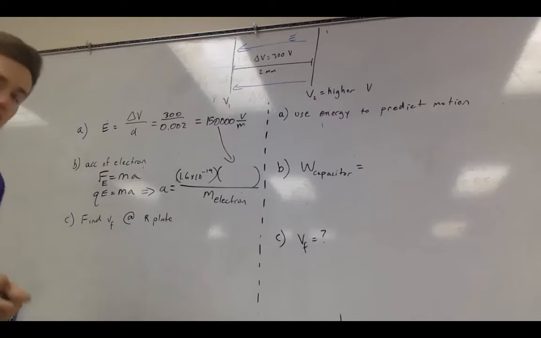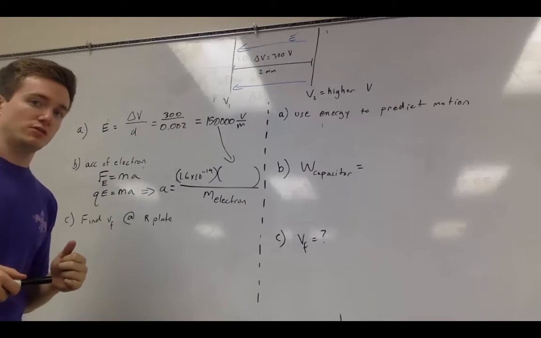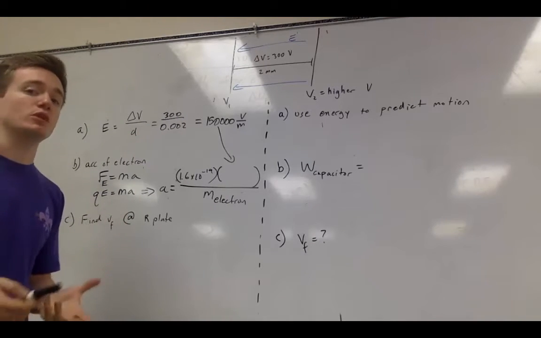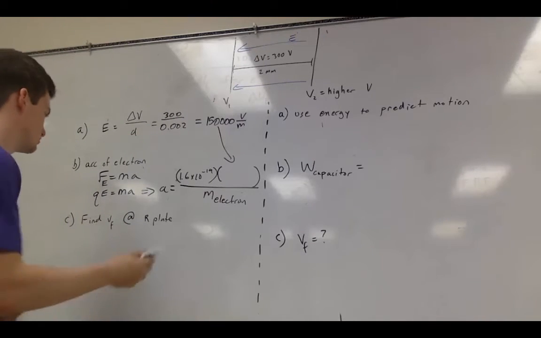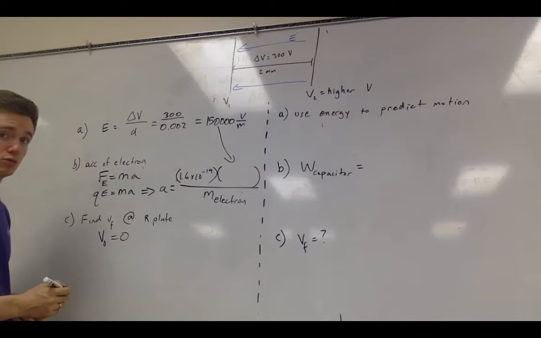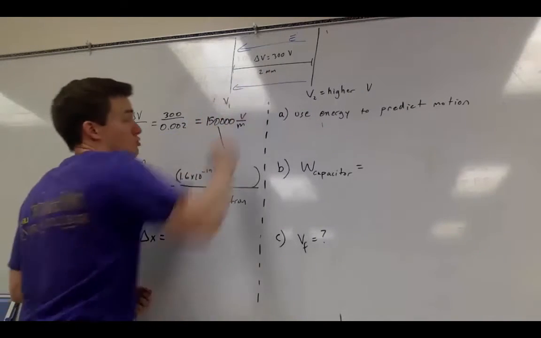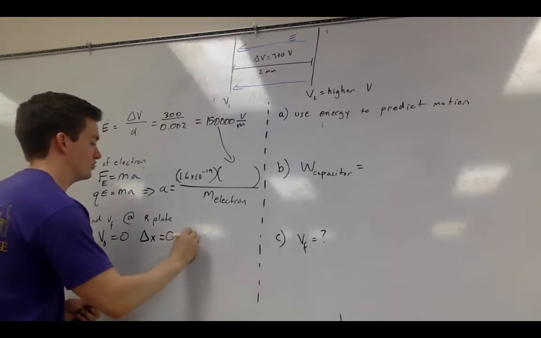Now we find the final velocity. This is a kinematics problem, way back from AP Physics 1. So we have to make our list of things that we know so we can pick the right equation to use. We know that it starts from rest, so V naught is 0. We know the delta x that it's going to cover is 2 millimeters, so 0.002.